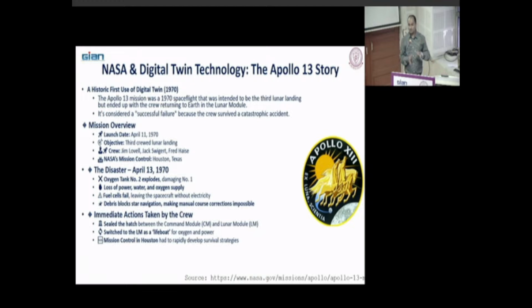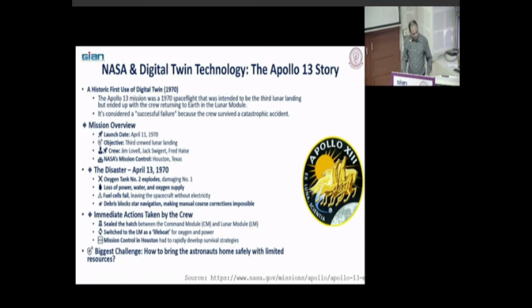Now everything depends on the mission control team based in Houston, Texas. They want to suggest strategies to bring the spacecraft safely back to the Earth. The biggest challenge was how to bring the astronauts home safely with limited resources. They don't have power, they don't have water, they don't have oxygen supply.